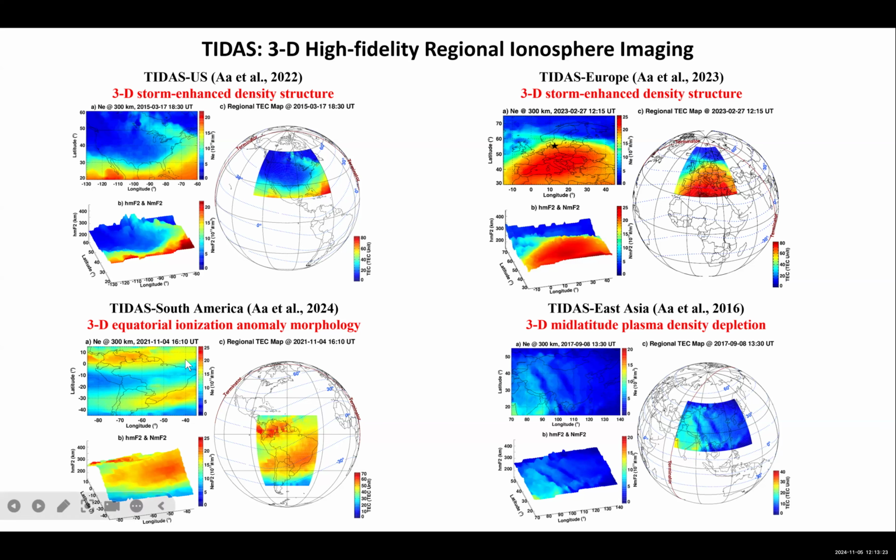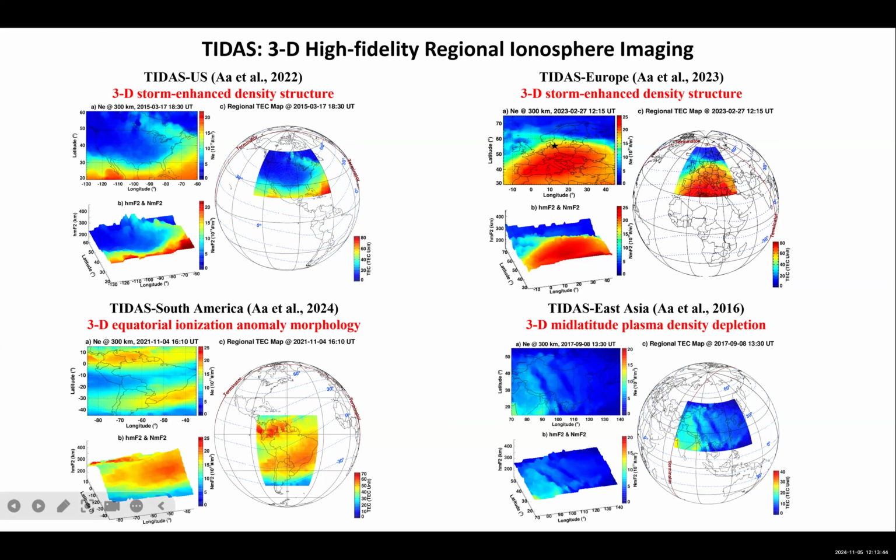Well, in the equatorial and low-latitude regions over South America, we also have large electron density gradient structures, especially the equatorial ionization anomaly. So we hope to use TIDAS to help analyze the 3D morphology of EIA.